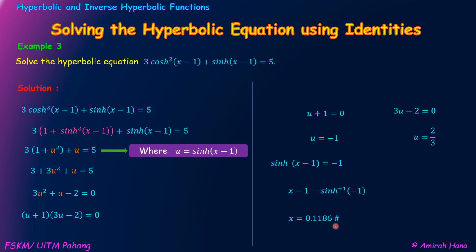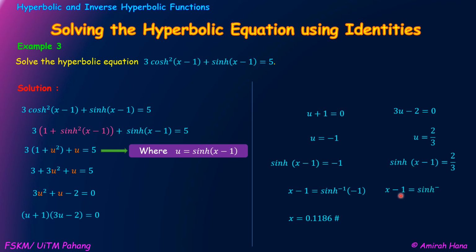And then for the second factor, after we equate 3u minus 2 equals 0, we find the value of u, which equals 2 over 3. And after that, we use the same technique. u equals sinh (x minus 1), which equals 2 over 3.